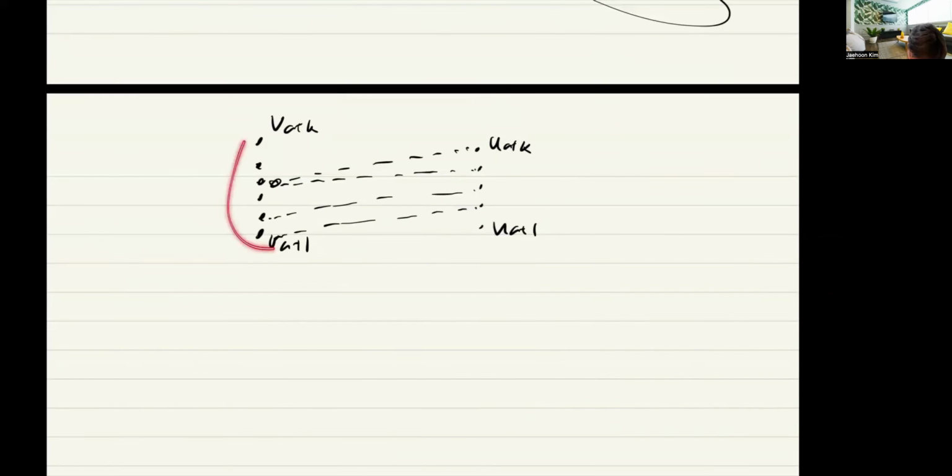And now we want to take a permutation. So let's say, how do you take the permutation?